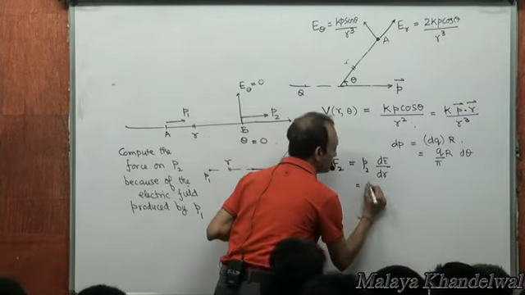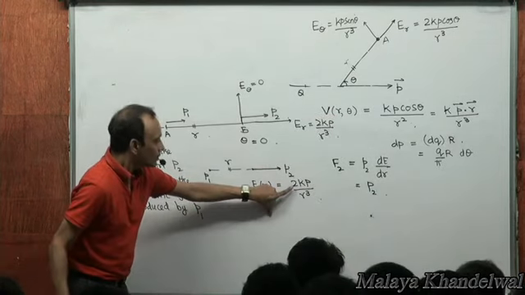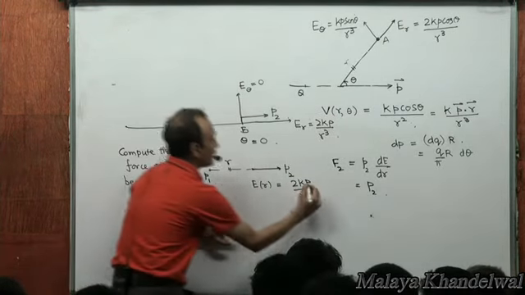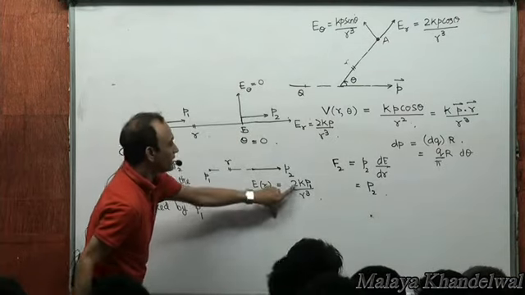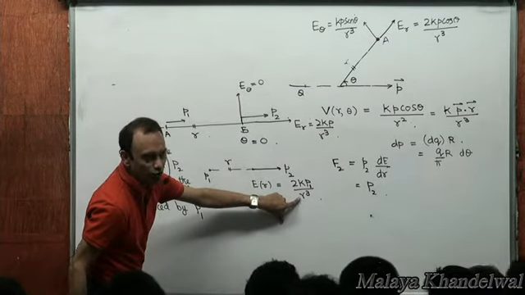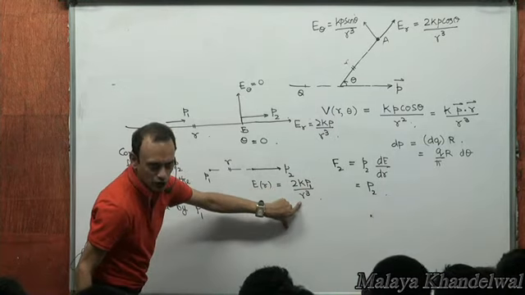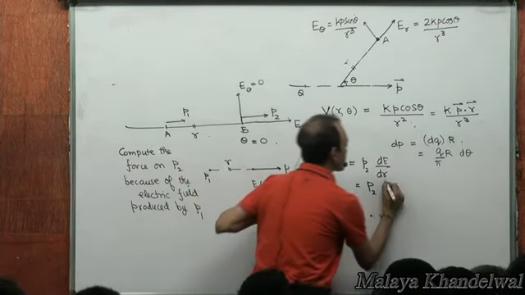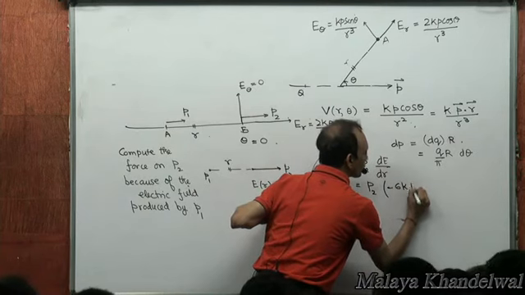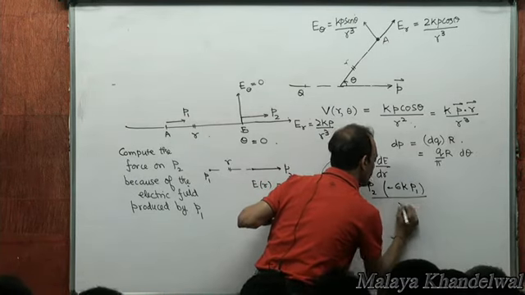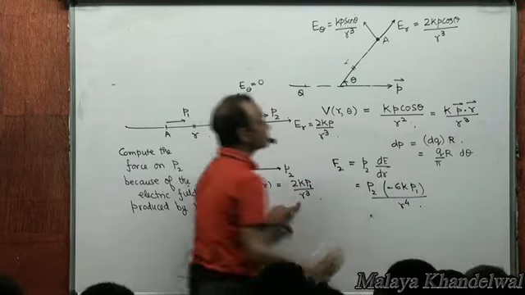So this is like P2 dE dr. This would be minus 6k P1. This is P1 by the way. If I differentiate this with respect to r, I'll get minus 6k P1 by r to power 4. Right?